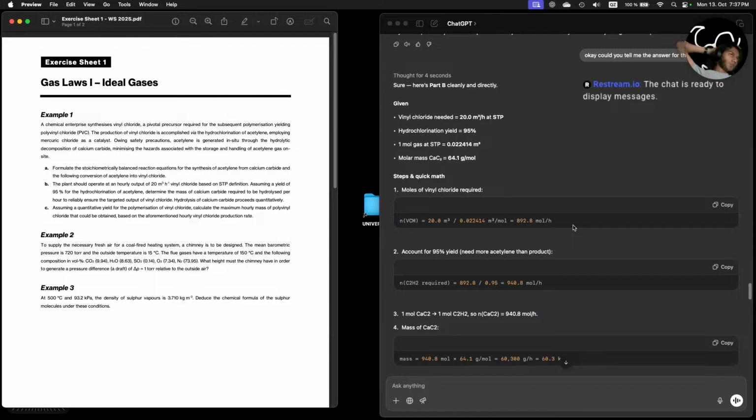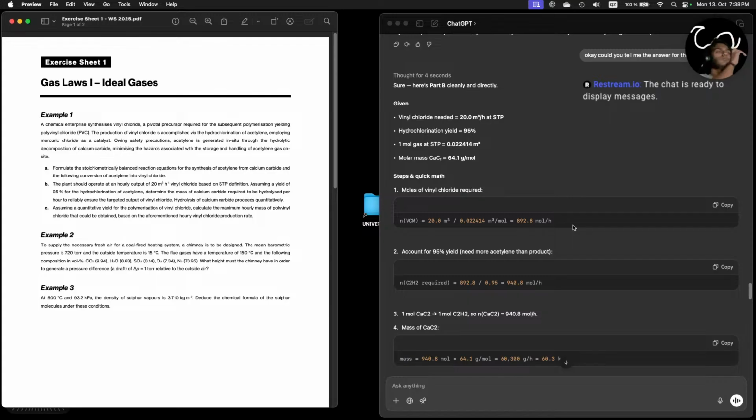So with 95% yield, how much acetylene do we need? What's the equation? Oh, it's all balanced. Okay, it's the same ratio.